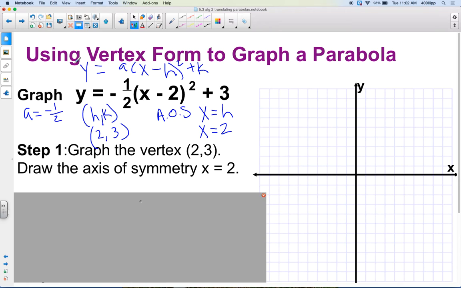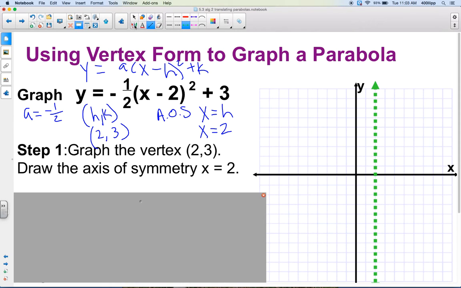Okay, so graphing both of those, here's 2, 1, 2, 3. (2, 3) is right here. And then we're going to draw in the axis of symmetry. Our axis of symmetry is x equals 2. Here is x equals 2.